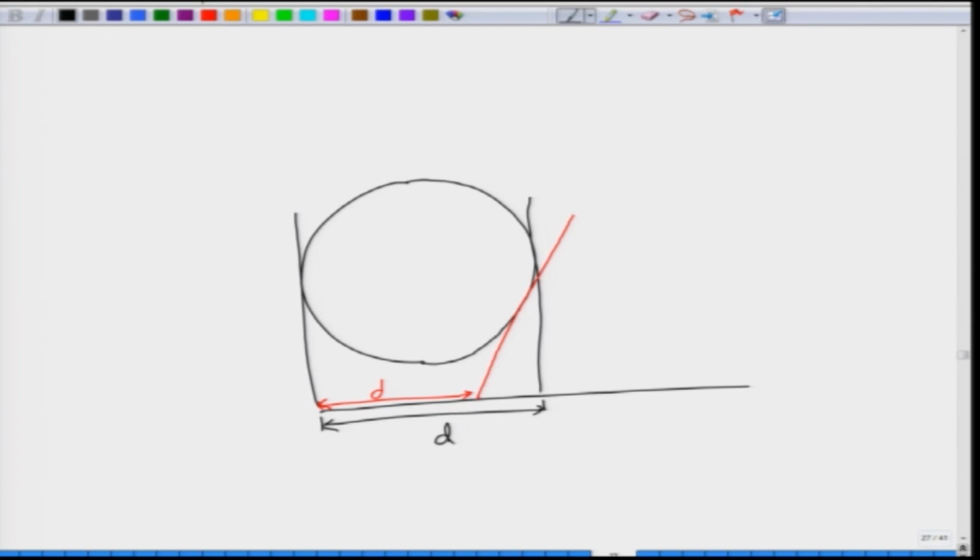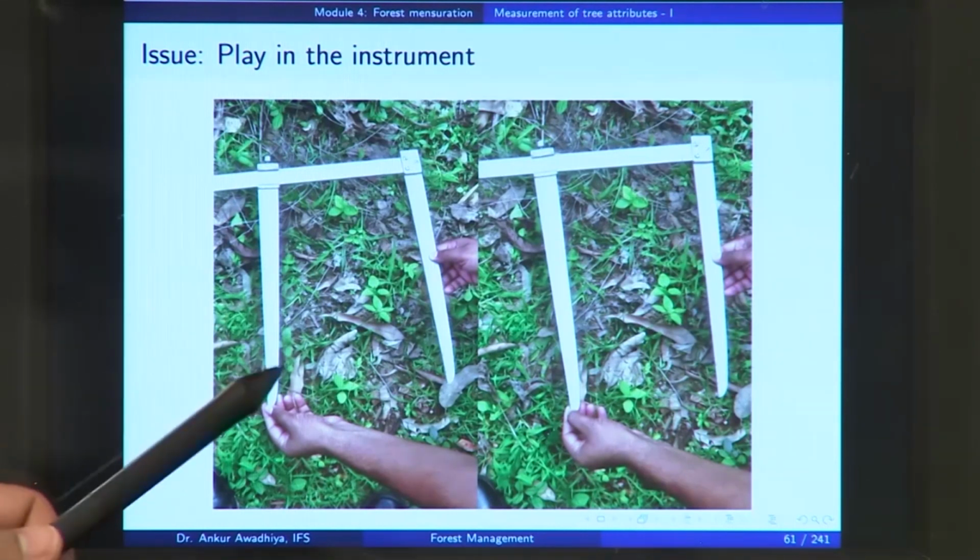Or if your instrument has a play on the other side, then it is possible that you take a measurement at this location. So, in this case, this will be the d, which will be greater than the actual d. So, a play is a serious situation when you are using this instrument.